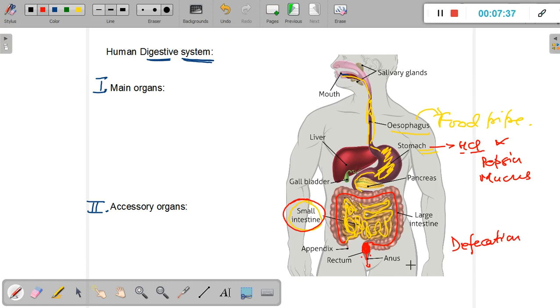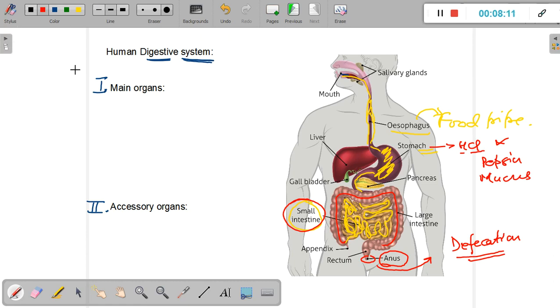The aperture or the hole from where the undigested food is removed is called the anus. So the rectum is just behind the anus for temporary storage of undigested food, and the anus is the tiny aperture or the hole through which the undigested food is moved out, and this process of removing undigested food is called defecation.